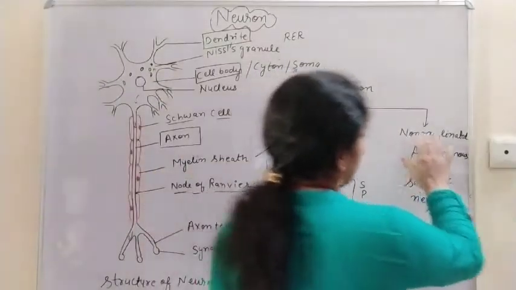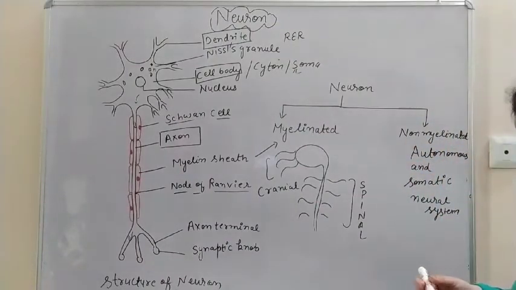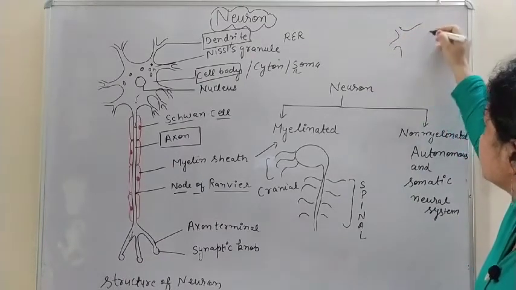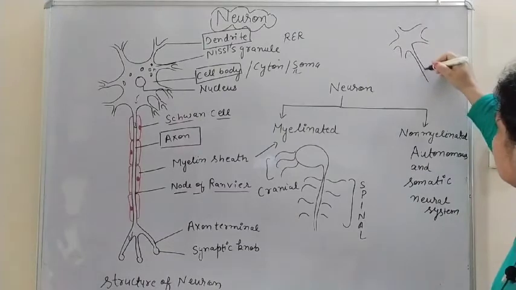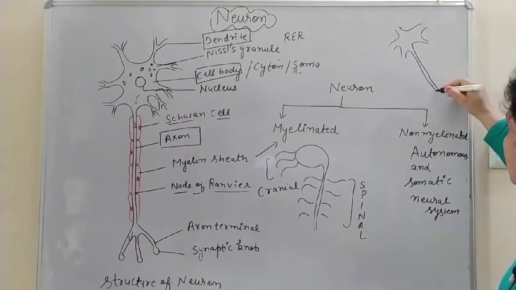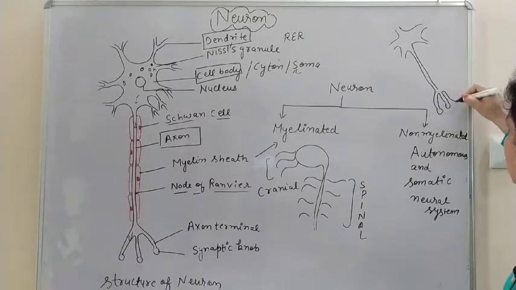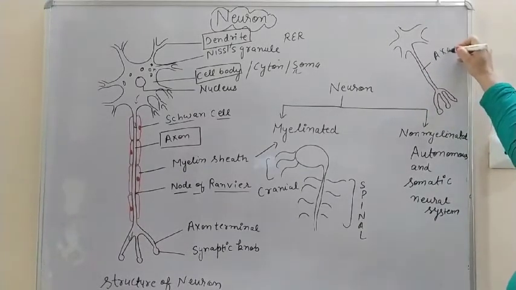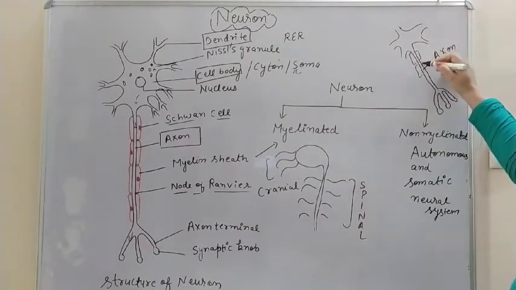Next is the non-myelinated neuron. So the non-myelinated neuron means the neurons are like this. Like this. And they have only the axon, but this axon is not covered by the myelin sheath.